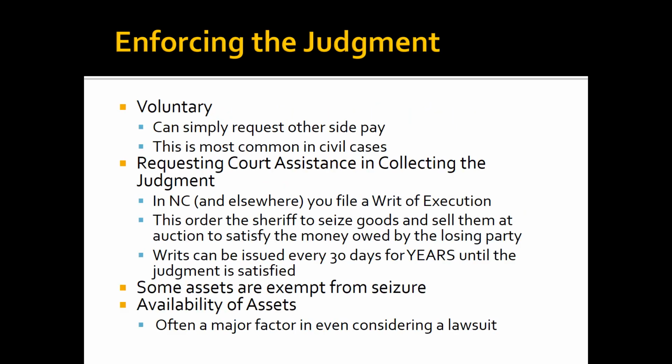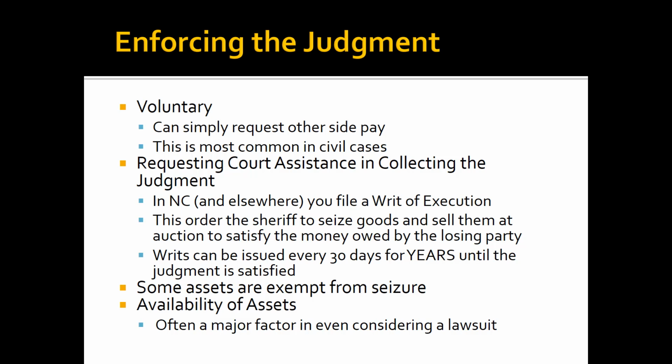If you win, so you sue somebody civilly, you win, you get an award of, say, $10,000, and the other side says they're not going to pay. Well, in North Carolina, what you do is, again, you go to the clerk of court's office, you file what's called a notice of rights to have exemptions designated, you give them 30 days to exempt certain property. If they don't, 30 days after that, you go and file a writ of execution.